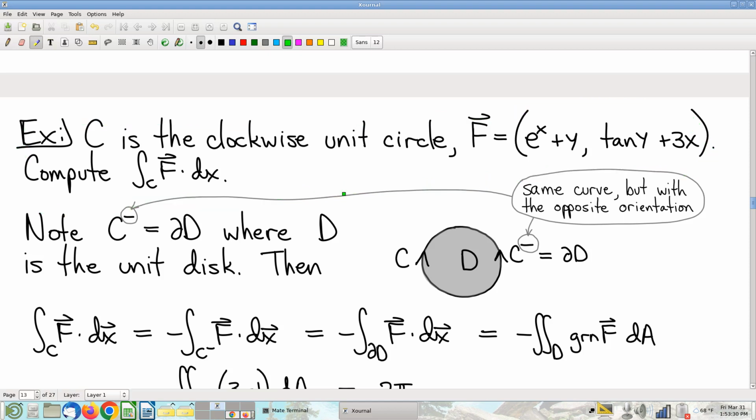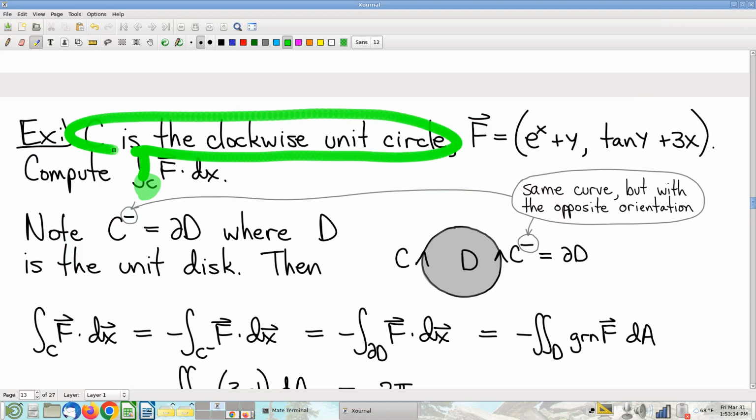The tip-off comes from looking at the curve. The curve being a circle. You can notice for yourselves that the circle is, I'm going to commit a little math crime here, forgive me, a boundary, right? And as soon as you notice that it's a boundary, you're thinking, hey, I know a theorem about computing line integrals on boundaries.